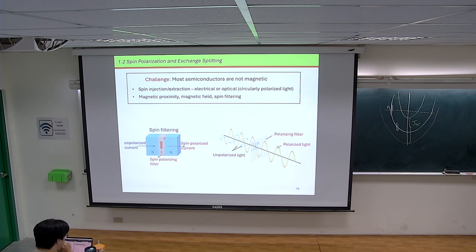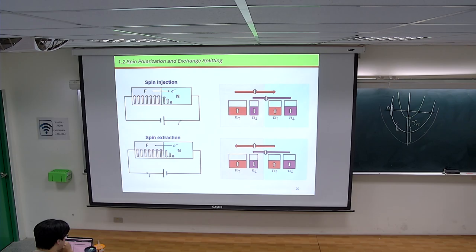But you can do this just with 2 layers, actually. You can have a spin injection into this normal region or a spin extraction, depending on in which direction you are passing the current, or in which direction the electrons are flowing. So in this first case, the current is going in this direction, so the electrons are going from left to right.